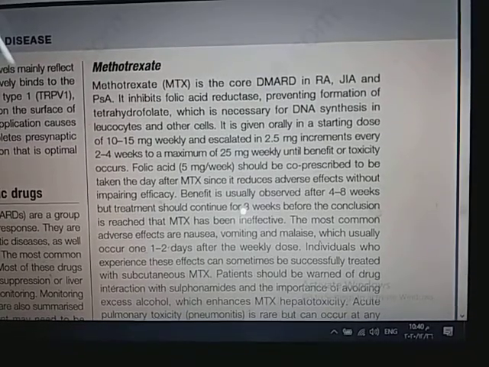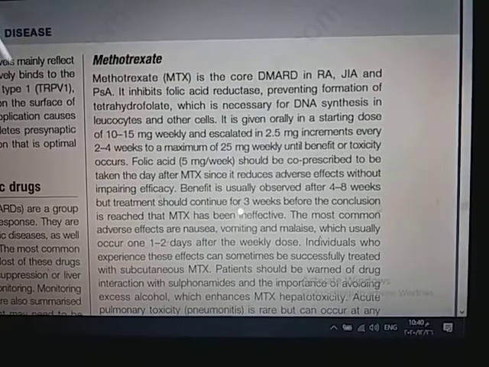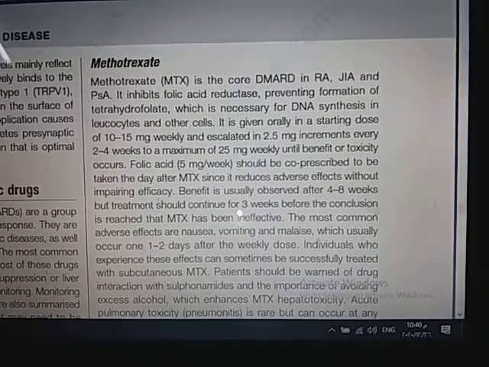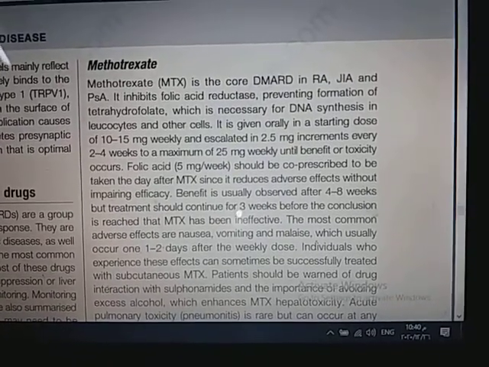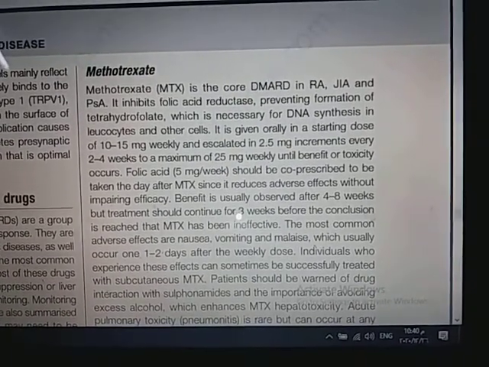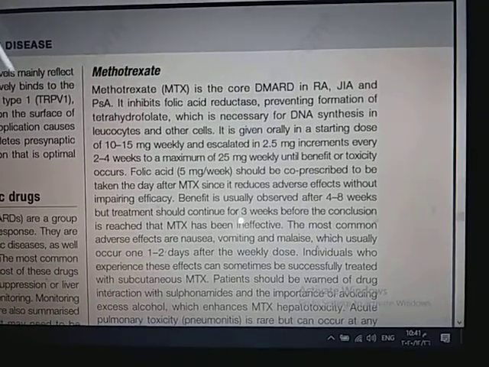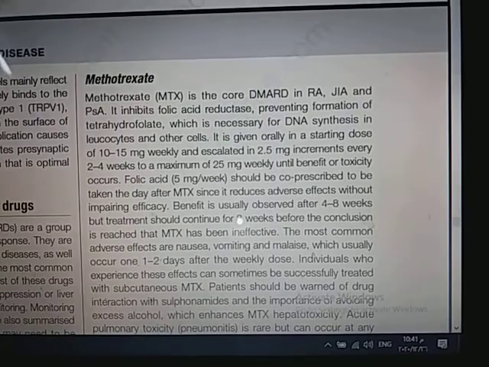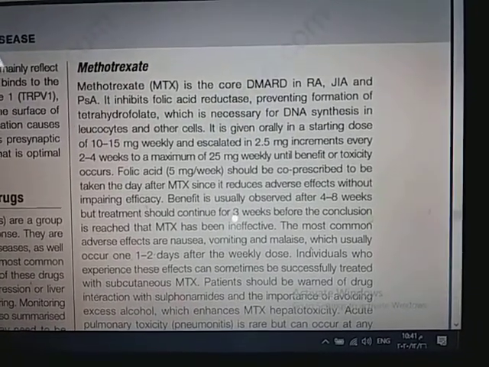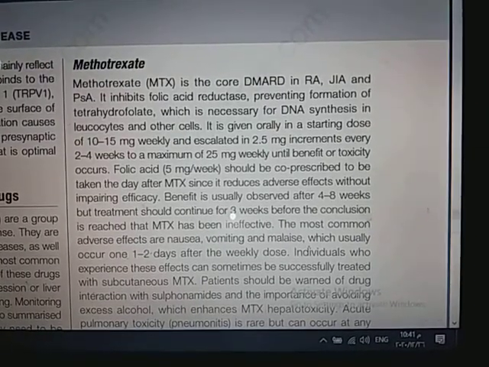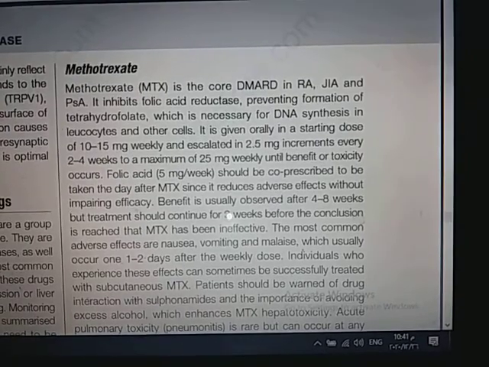Drug interaction with sulfonamide and other folic acid antagonists should be avoided. MTX may cause nausea, diarrhea, stomatitis, fatigue, alopecia, elevated liver enzymes, pneumonitis, and liability to infection.